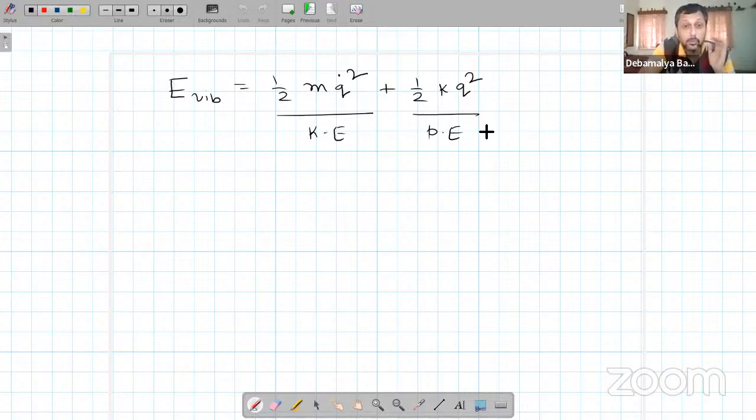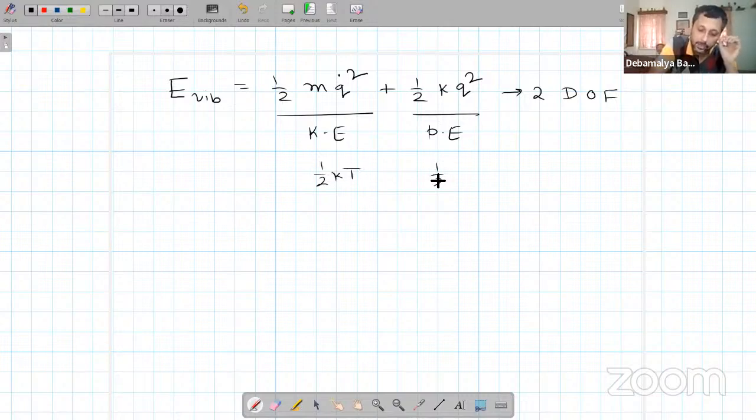And according to the thermodynamic definition, this will lead to 2 degrees of freedom, and each will contribute half kT. So if we have a macroscopic, idealized single 1D oscillator, that will contribute half m q dot square in kinetic energy and half k q square of potential energy to the total energy of the system.